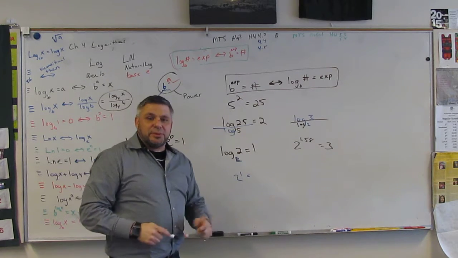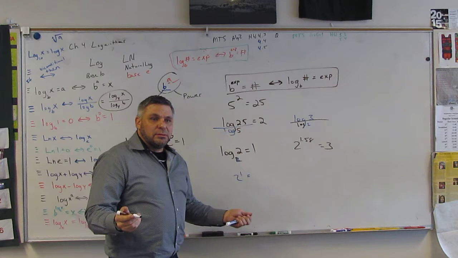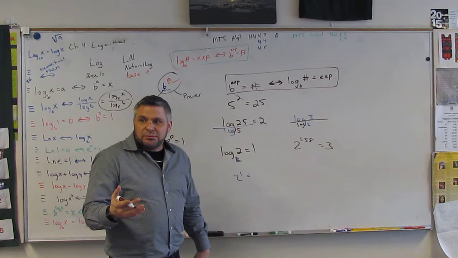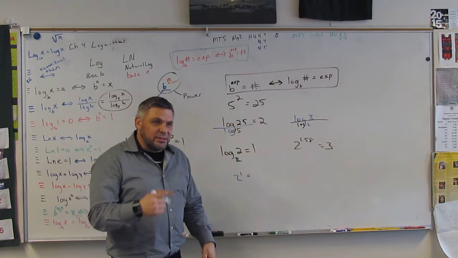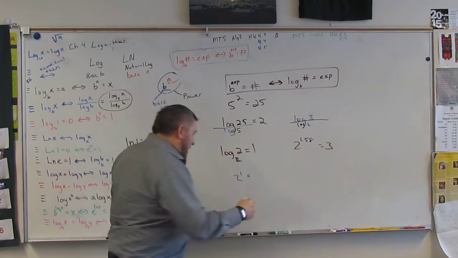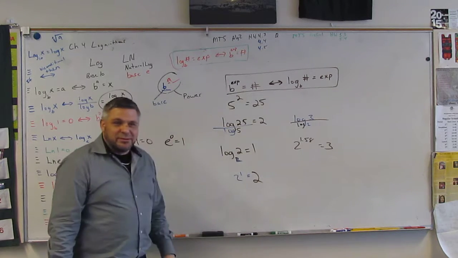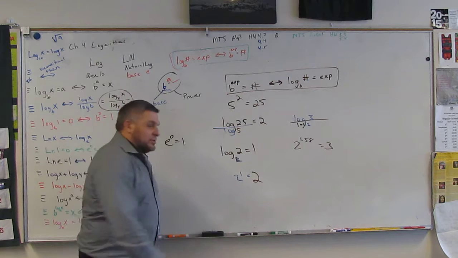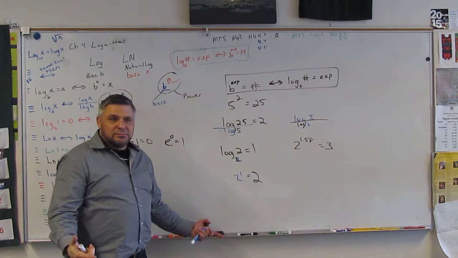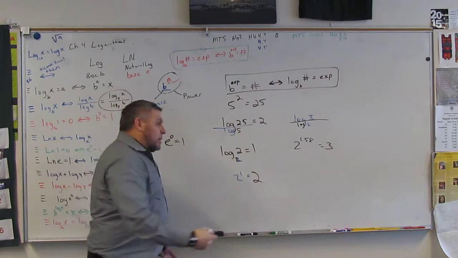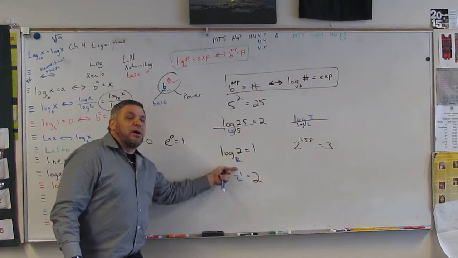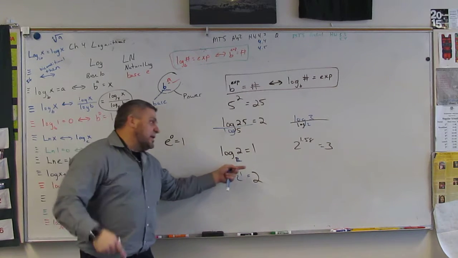Well, what is 2 to the 1? 2 to the first power is just 2. That's all this means. So anytime I'm taking the log of a number of the same base, it's going to equal 1.